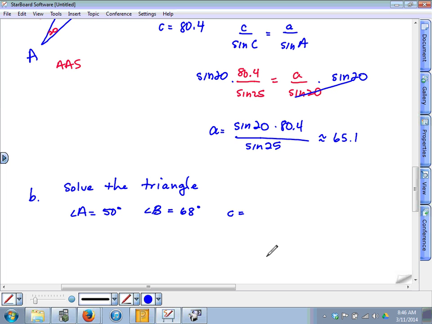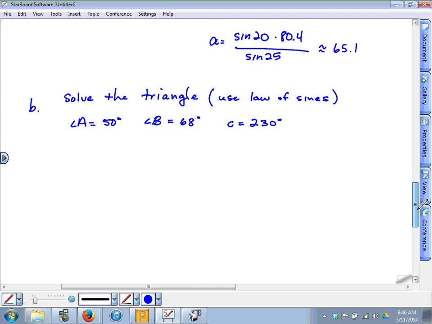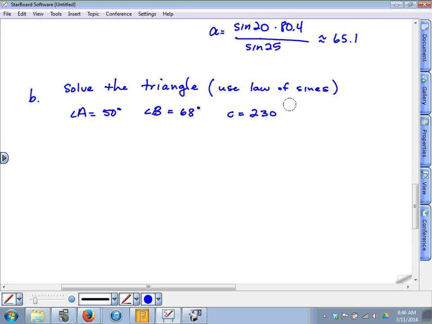Little c is 230. You're right, sorry, that's not a degree symbol. The directions on this problem would specifically say to use law of sines, but there's a problem here.